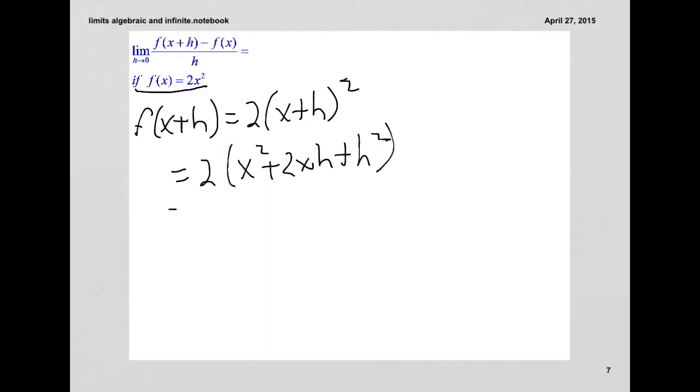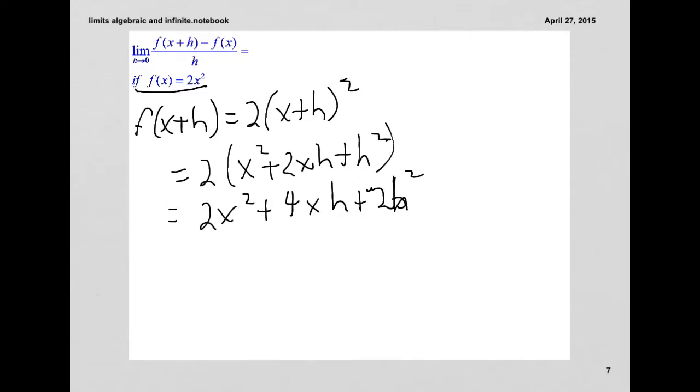And then when I multiply through by the 2, that's 2x squared plus 4xh plus 2h squared. Okay, now I'm going to go back to my original limit, and wherever I see f of x plus h, I'm going to put in the new equation that I found.